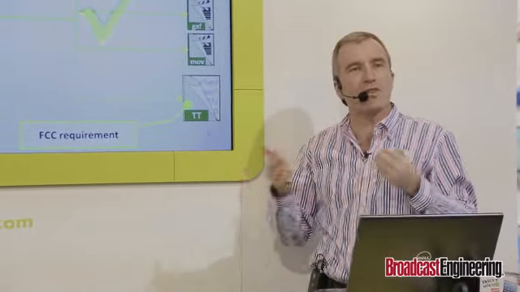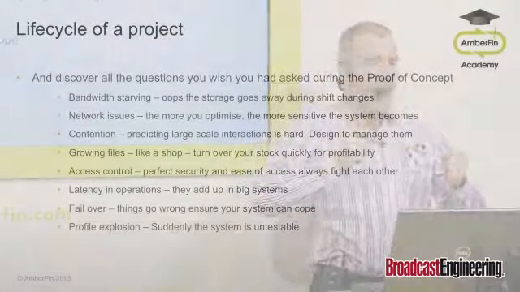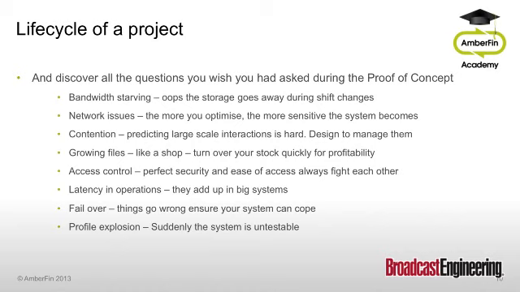So you're now at the stage, you've got your big system and you're feeling very, very happy and you now set the thing into operation. And then there's a whole bunch of things that take place that you wish you'd known about when you did your proof of concept. A whole bunch of things that you wish you'd asked and explored during the proof of concept. These are issues to do with bandwidth, with network issues, things to do with contention between devices that are highly loaded, all trying to do the same thing at the same time.